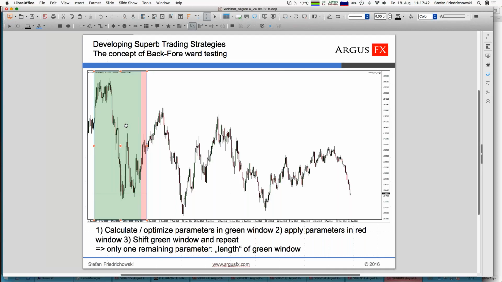We simply shift those windows a few steps forward, or let me do it, I go backwards, just for simplification. I create a new box now.